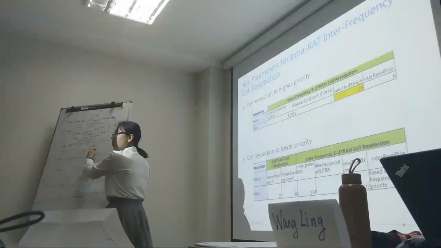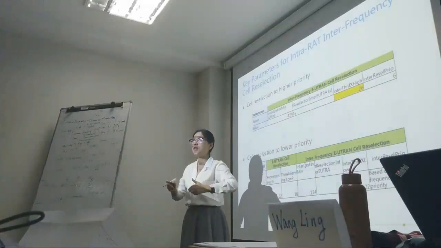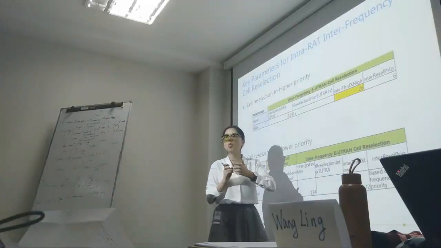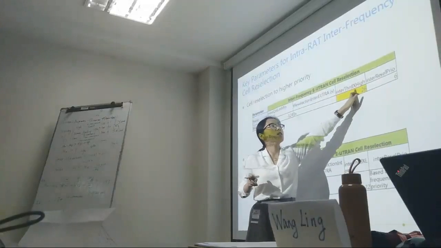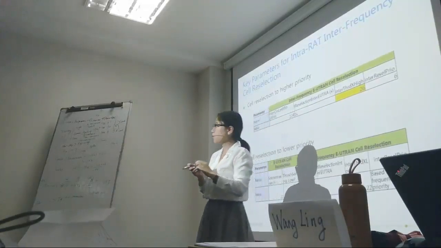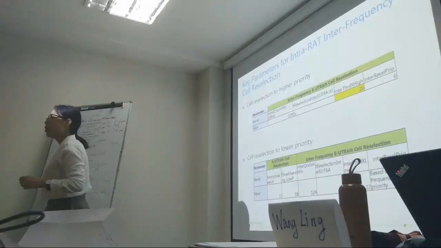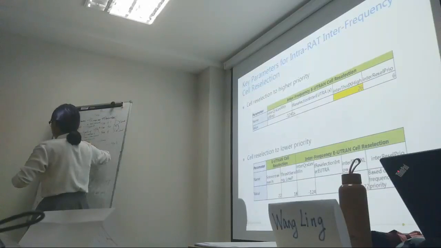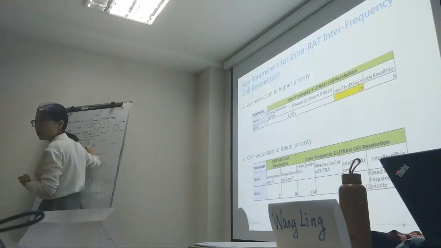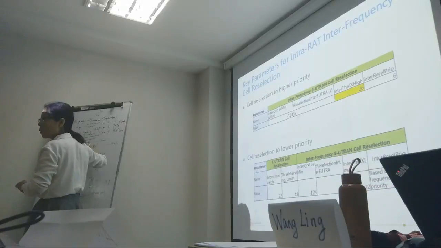Right? So when we configure the parameters and when we read the parameters, this parameter is for us. So the UE will change it to the RSRP value.